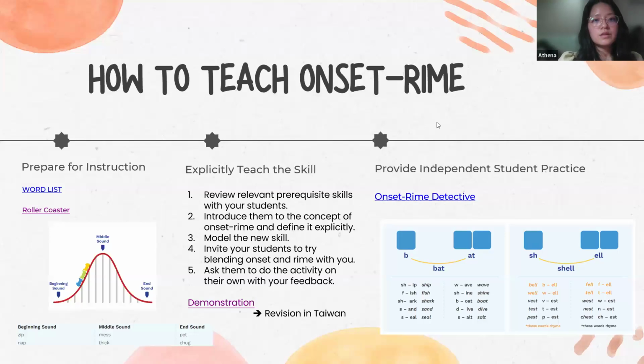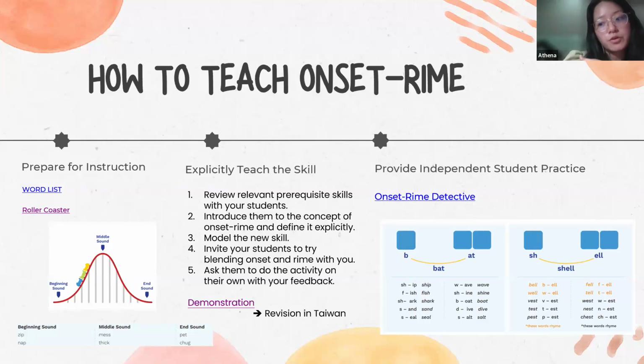You will see the onset and rhyme, like bat or shell, so they can practice several times. After they have the concept of onset and rhyme, sometimes we divide it into three blank papers or four blank papers to help them decode more and more.